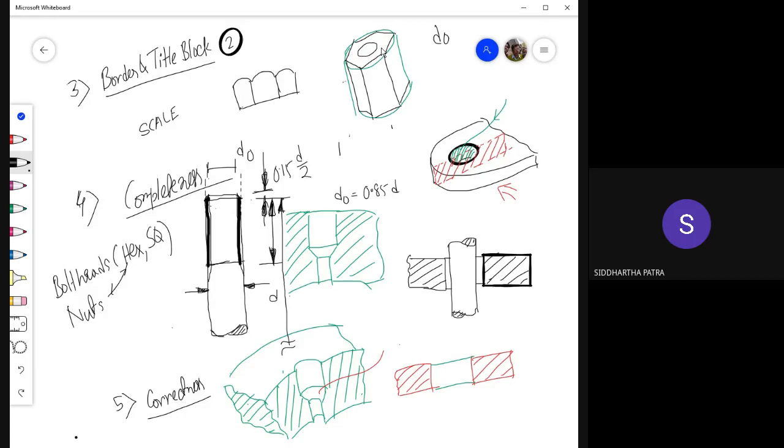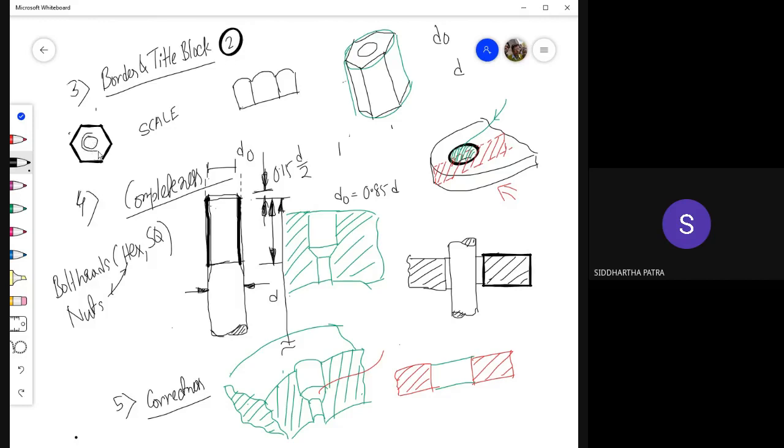And then threading would be done with the D diameter because it's an internal thread. So the threading that you are supposed to represent, if you are drawing a top view, is a 3/4 circle.